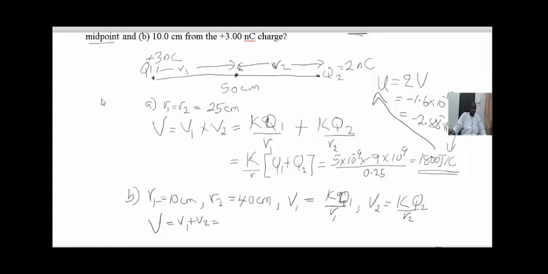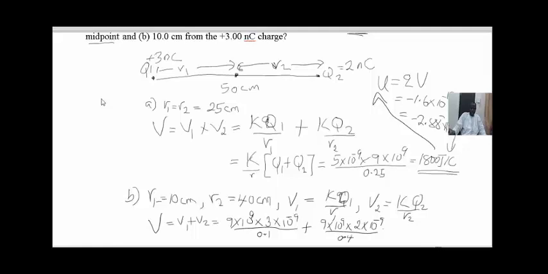When we plug in the values, the total potential V equals V1 plus V2, which is equal to 9 times 10 to the power 9 times Q1, which is 3 times 10 to the power minus 9, over R1, in this case 0.1, plus V2, which is also 9 times 10 to the power 9 times Q2, which is positive 2 times 10 to the power minus 9, over 0.4.